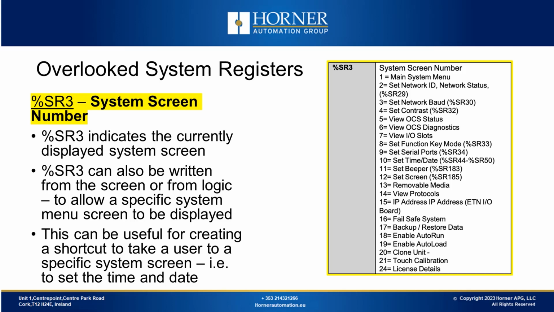Now SR3 differs as it displays the value of the current system screen when there is one displayed. If the customer accesses the system menu, the value in SR3 indicates the specific system menu screen they are on.